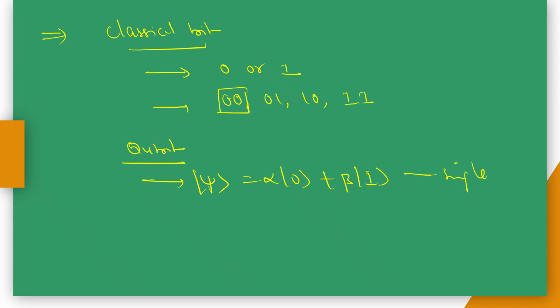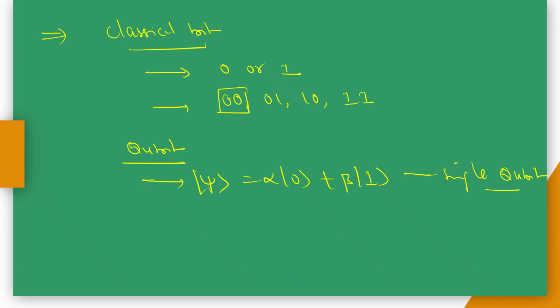Here, one thing we need to understand: quantum computing is not designed for the simple storage of information or maintaining records, because from the single qubit point of view, there is not much difference observed when compared with the classical bit. But from the multiple qubit point of view, the real power of the quantum computer is added.